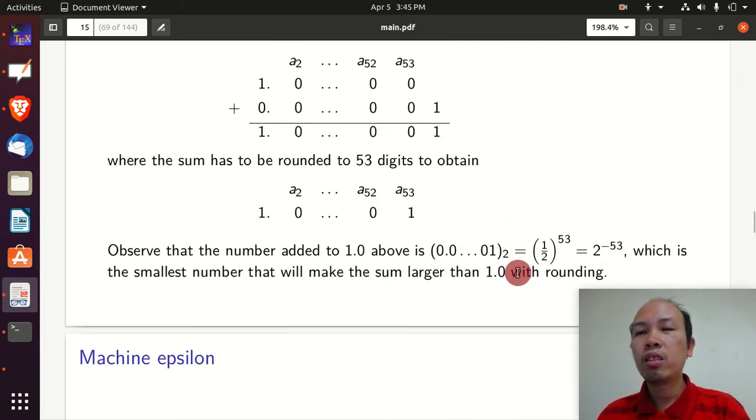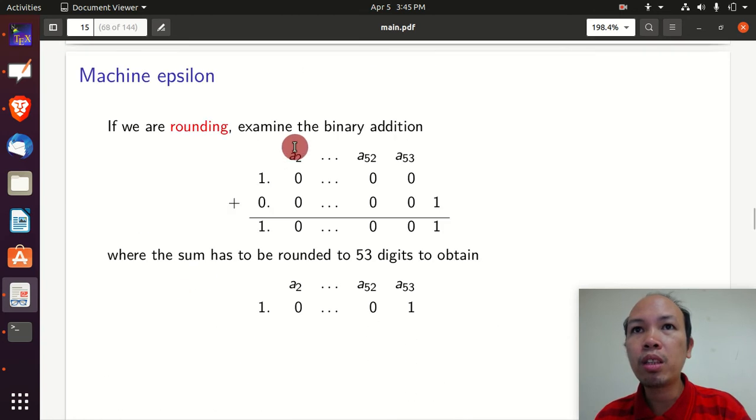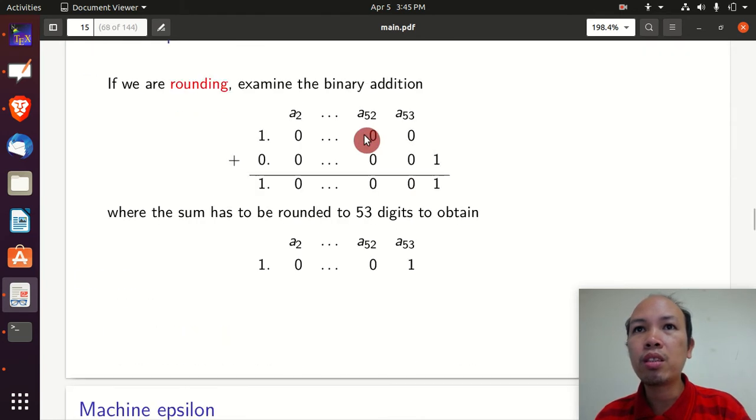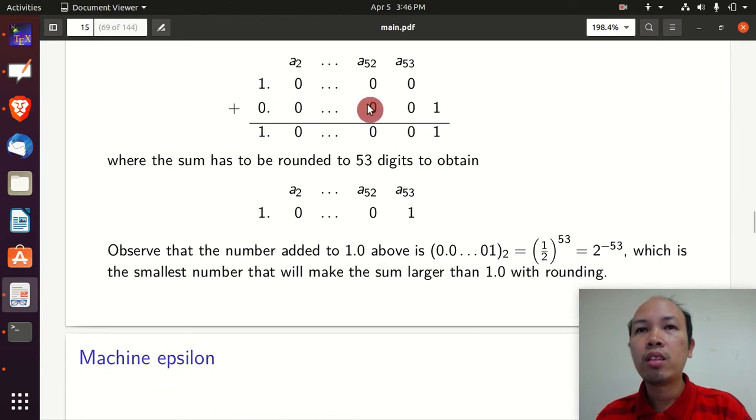Okay, since this one here has 53, no, 54 digits. Okay, this one here, this one. Okay, this is the smallest.